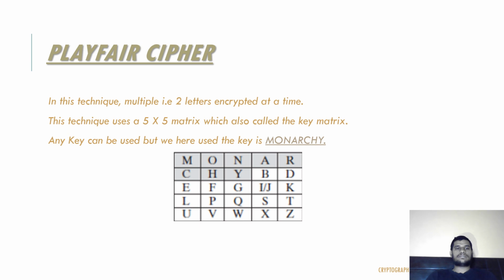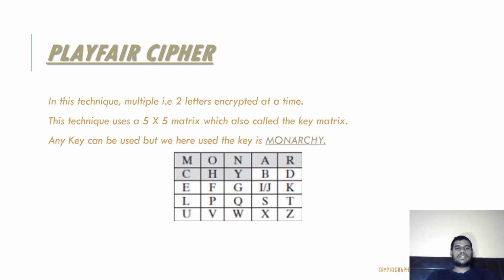Playfair cipher. In this technique, multiple letters are used, that is, two letters are encrypted at a time. This technique uses a 5 by 5 matrix, which is also called the key matrix.